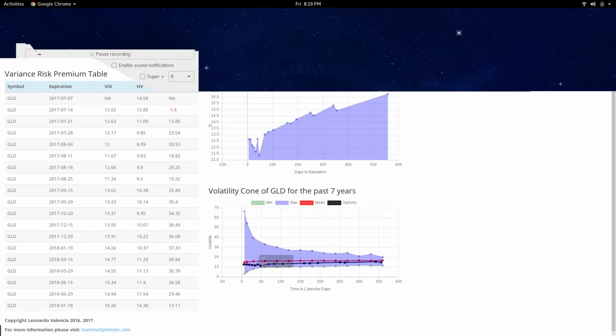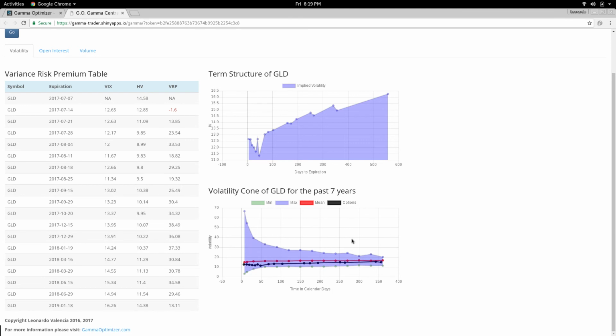But this one in itself is very useful, but it's more useful when you compare it with the options. The dark line here, the black line, is the line that represents the implied volatility for the options. And you can see how option dealers are pricing GLD options substantially below the mean for the past 7 years. So from here, you can tell right away that in general options are underpriced.